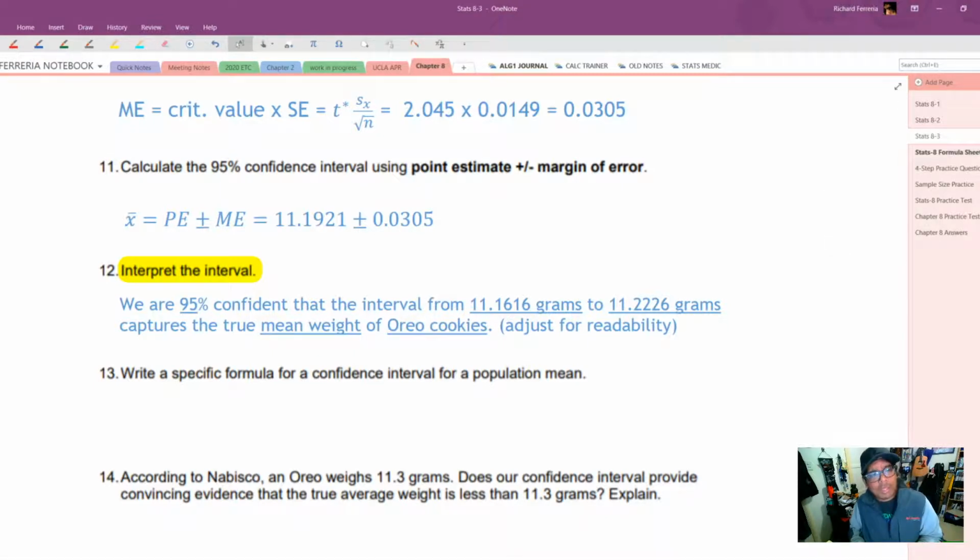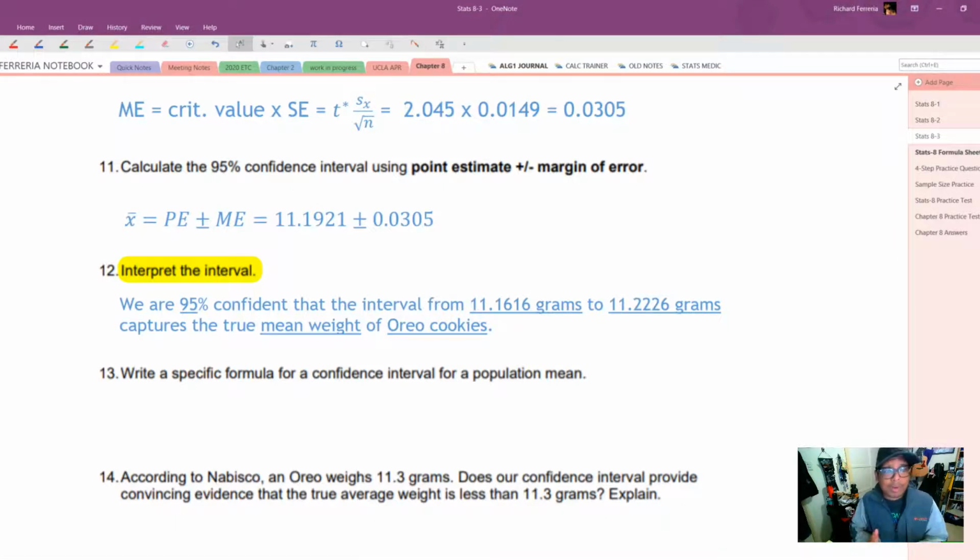We'll read this one more time for readability. We are 95% confident that the interval from 11.1616 grams to 11.2226 grams captures the true mean weight of Oreo cookies. And that sounds good to me.